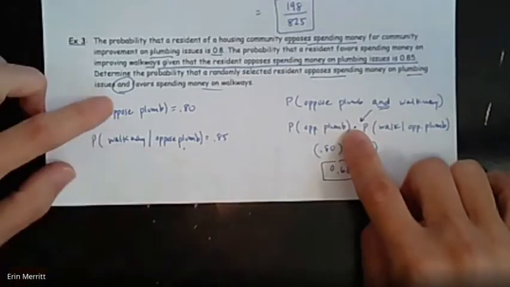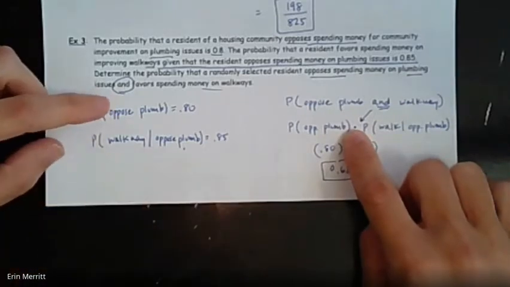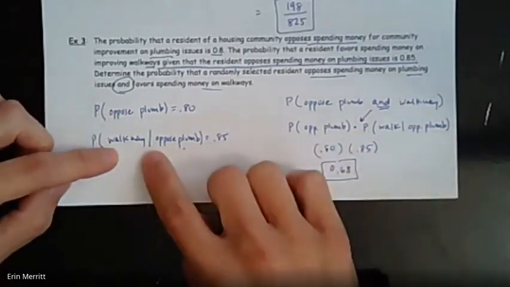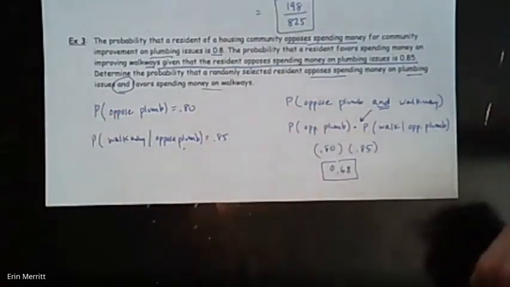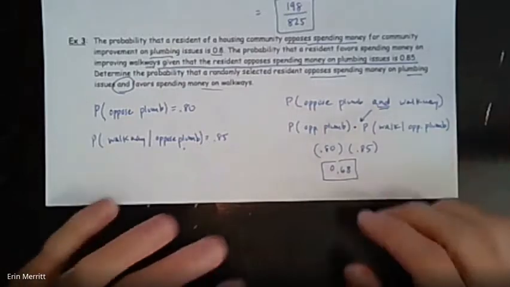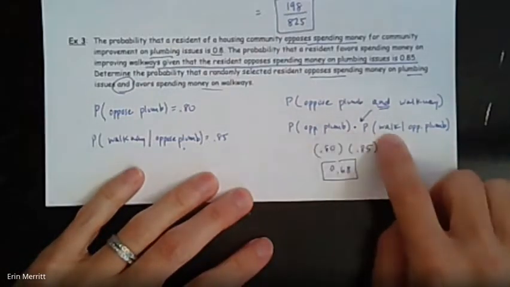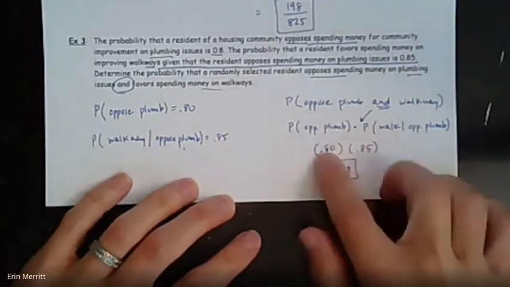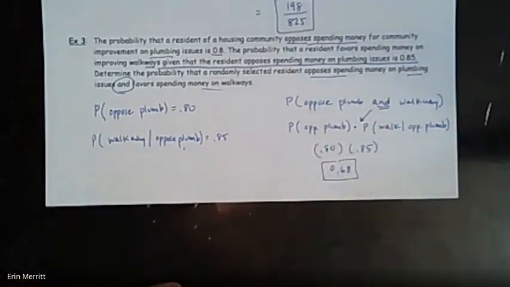But think about how they've given it to you. They've given you that they oppose plumbing, and then they favor the walkway given that they've opposed plumbing. It just means that they're not independent events, but this is perfect. So it's this one times the walkway given that they oppose plumbing. You're still multiplying those together. So the product comes out to be 0.68. And there you go. That's it.